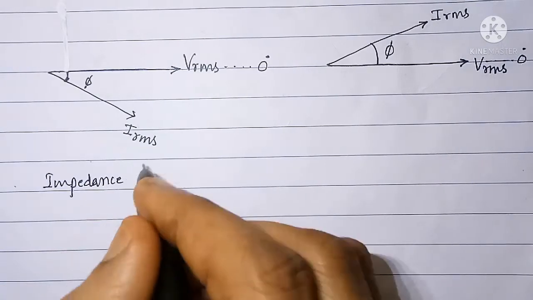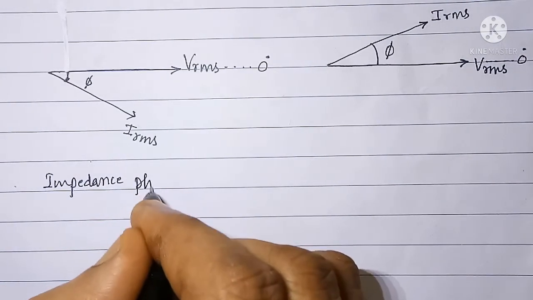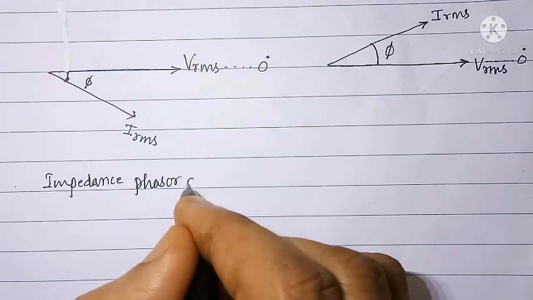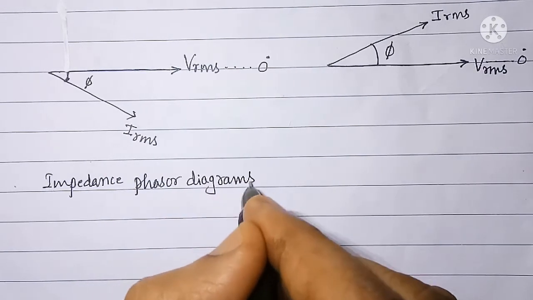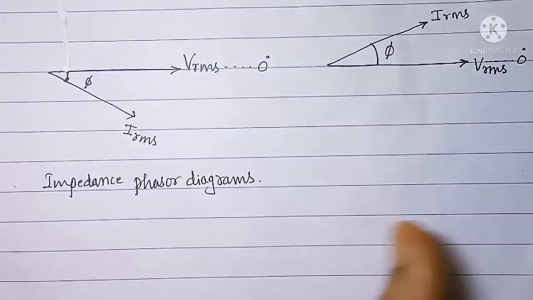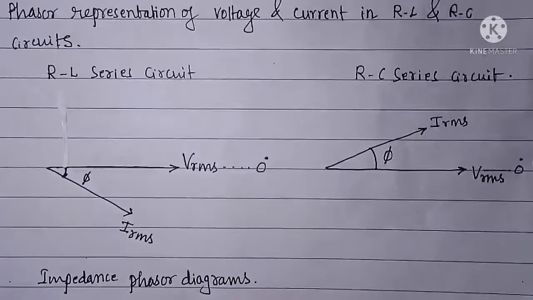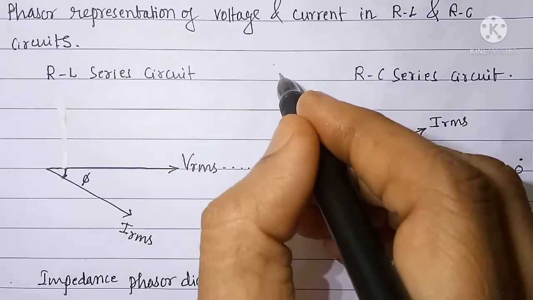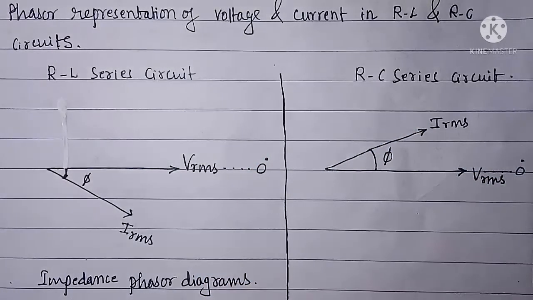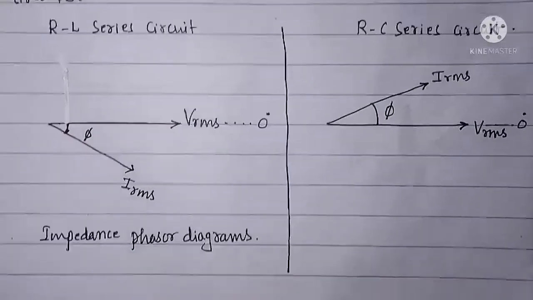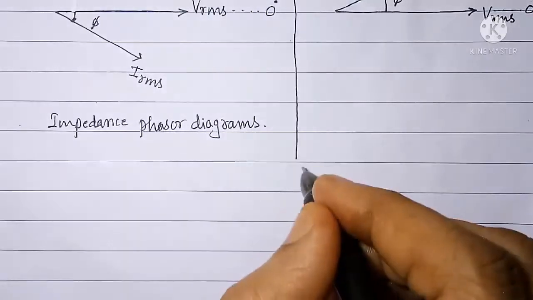Impedance phasor diagrams. We will have here a line which divides capacitive circuit and inductive circuit.